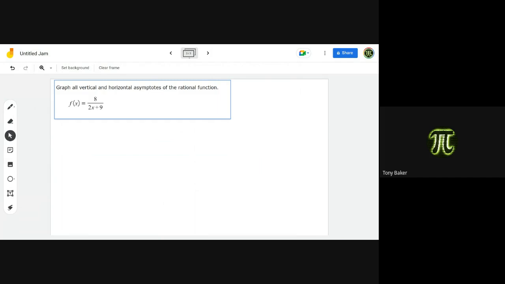Yeah, let's look at horizontal and vertical asymptotes. All right, so vertical asymptotes are typically what?